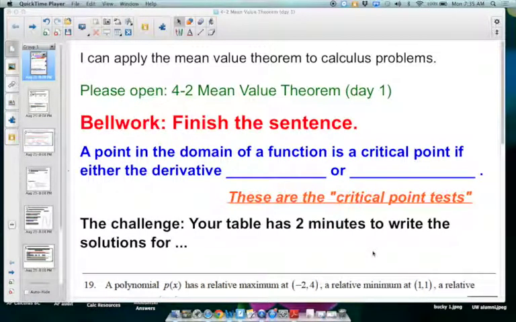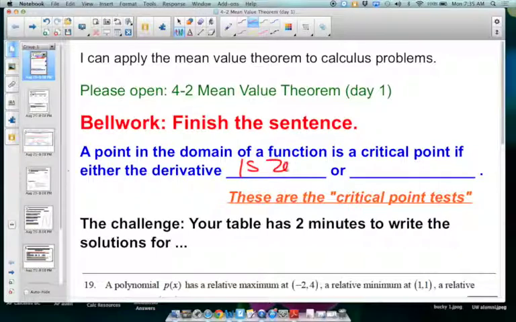So critical points happen at those two situations. A point in the domain of a function is a critical point if either the derivative is 0, or we could say it's infinite, or it does not exist.